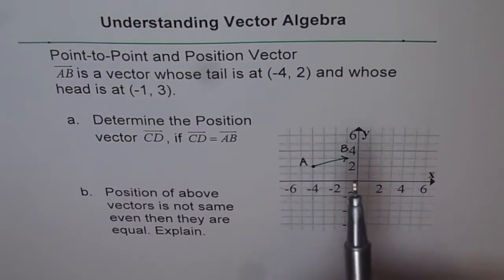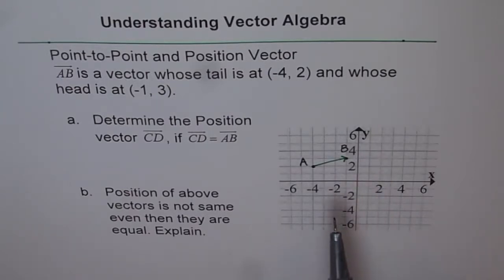Now, we need to first understand what is the meaning of position vector. As you know, vectors have two things, which is magnitude and direction. Two vectors are equal if they have same magnitude and same direction. Position is not of interest, but still here we are talking about a position vector.